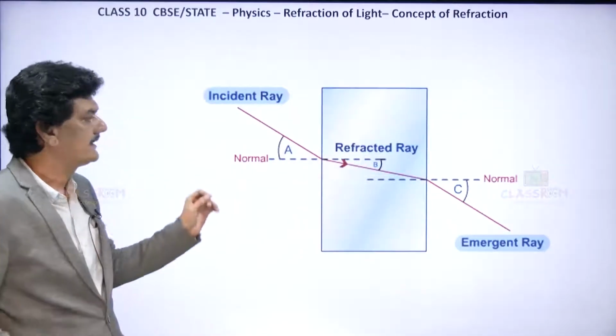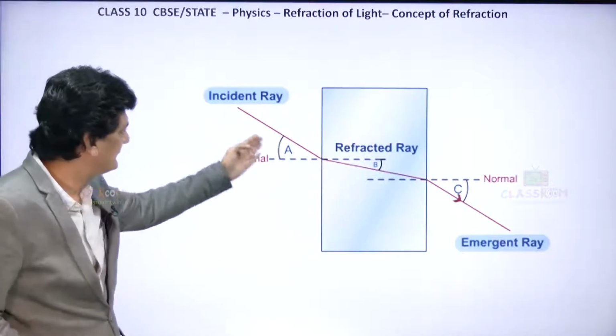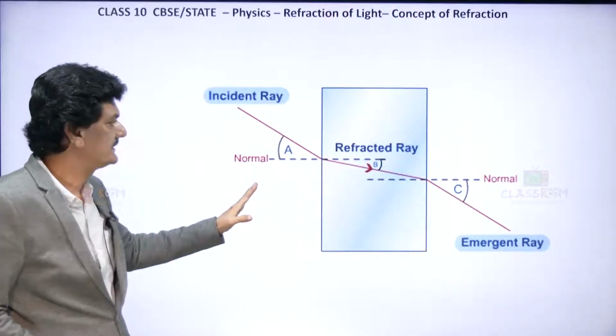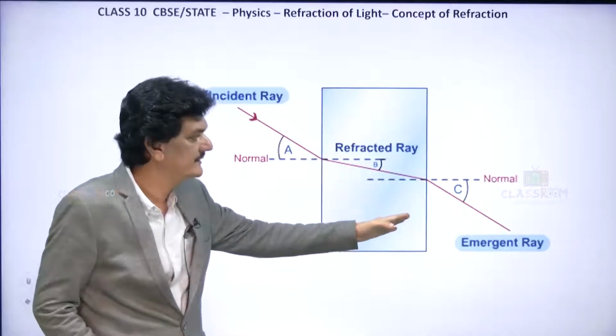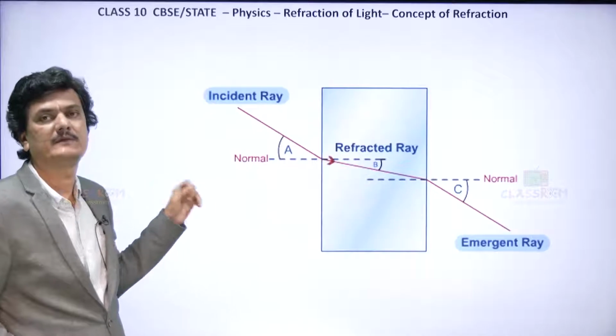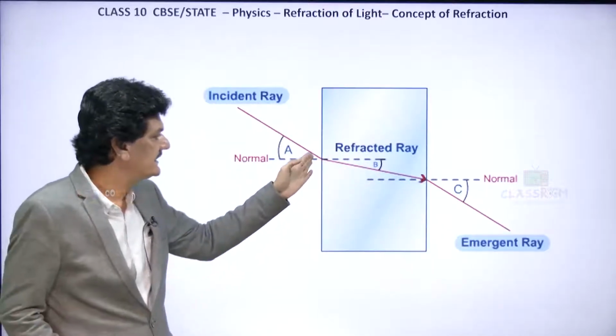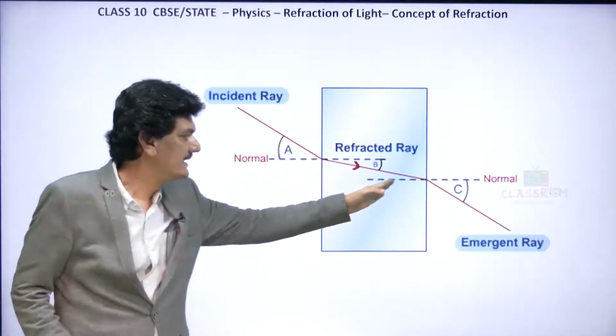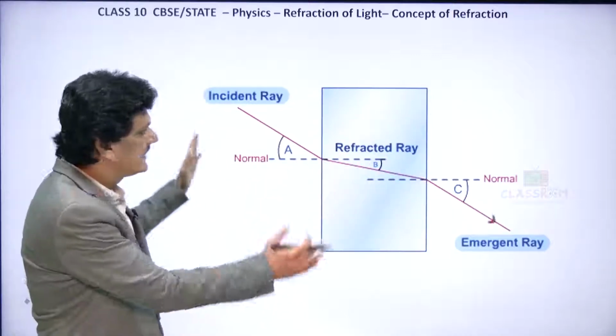Have a good look: as long as it is travelling in air, the speed is constant, and in glass also the speed is constant, but at the interface the velocity is changing. Inside the glass it is constant and outside the glass also it is constant.